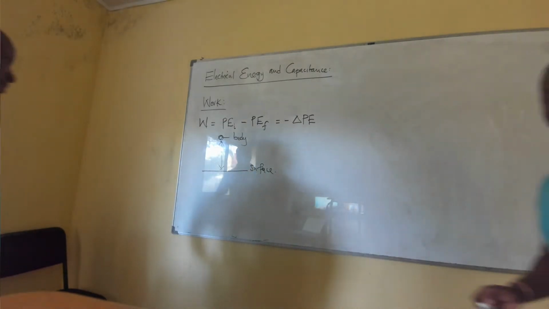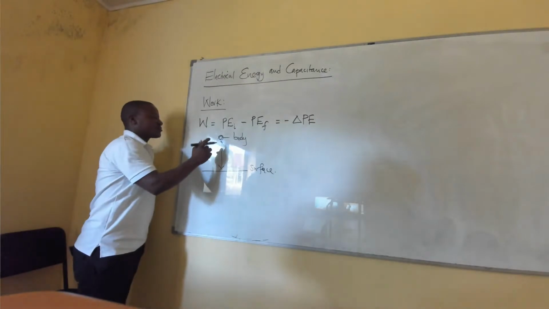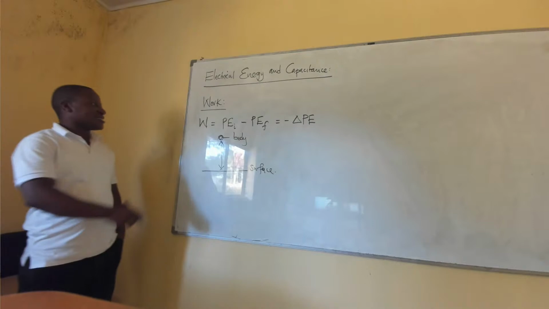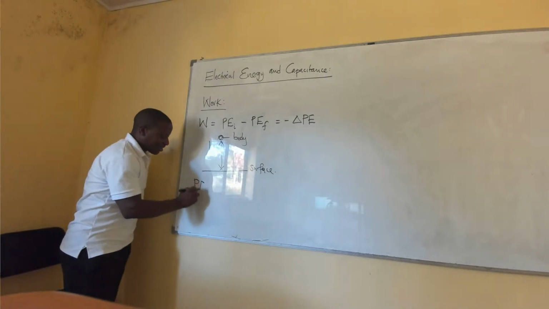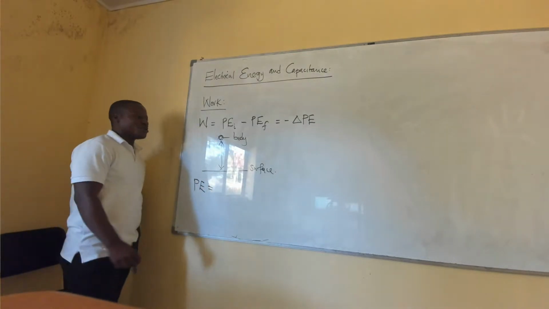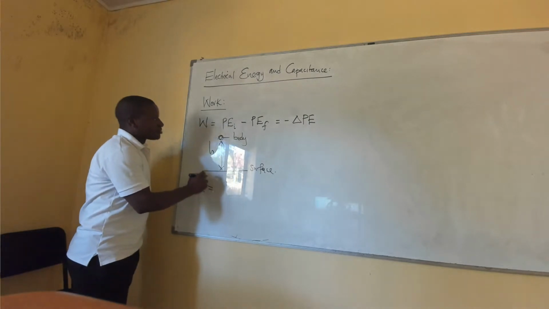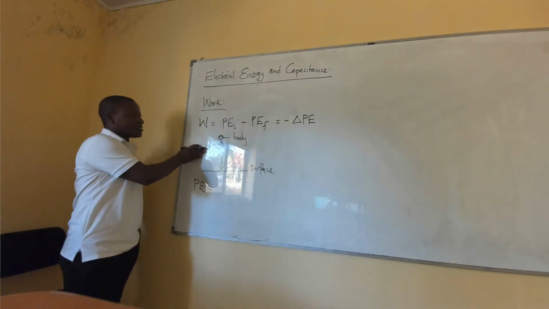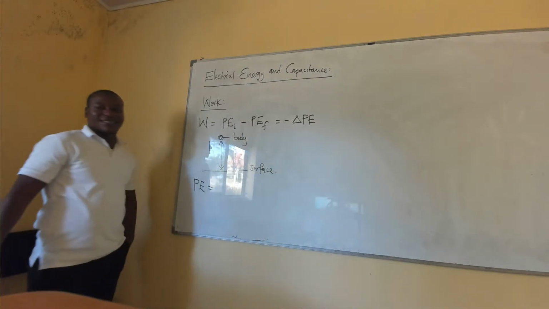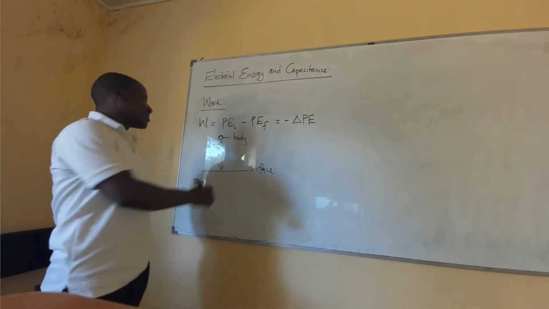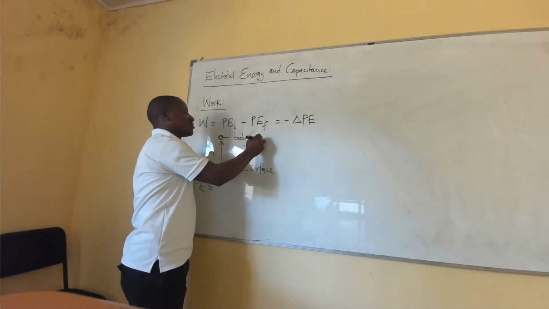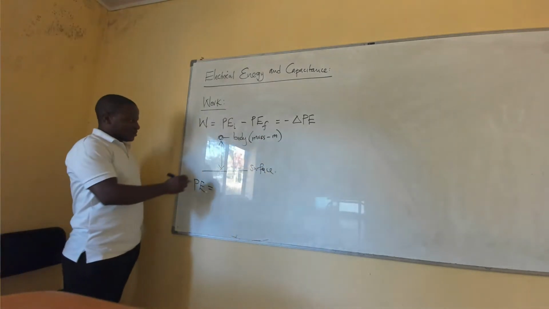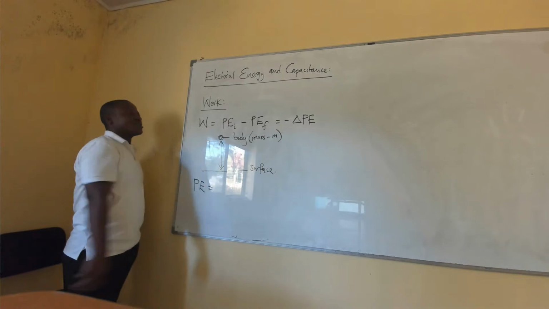So we are saying that the potential energy, which we all know as mgh, is the mass m multiplied by the gravity g, multiplied by the height h from the ground to where the body is.